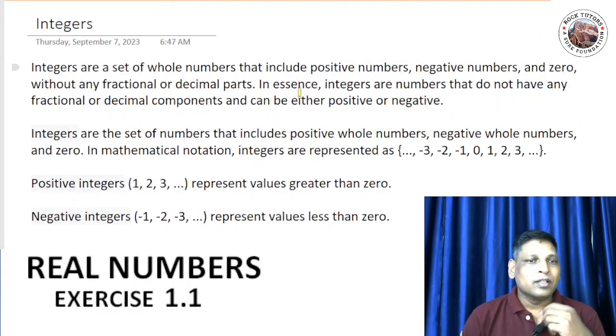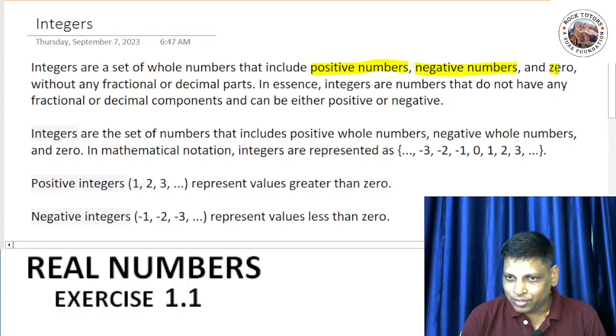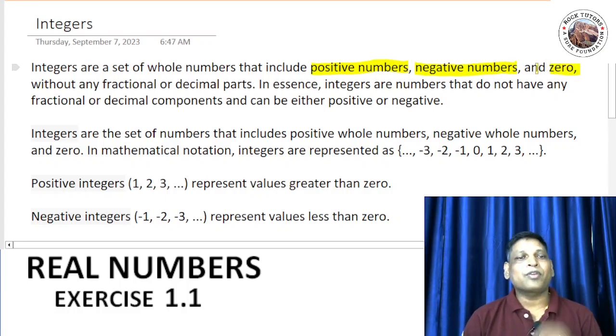See here. Integers are a set of whole numbers that includes positive numbers, negative numbers and 0. See the definition. Integers are the set of whole numbers that includes positive numbers and negative numbers, and included 0, without any fractional or decimal part.